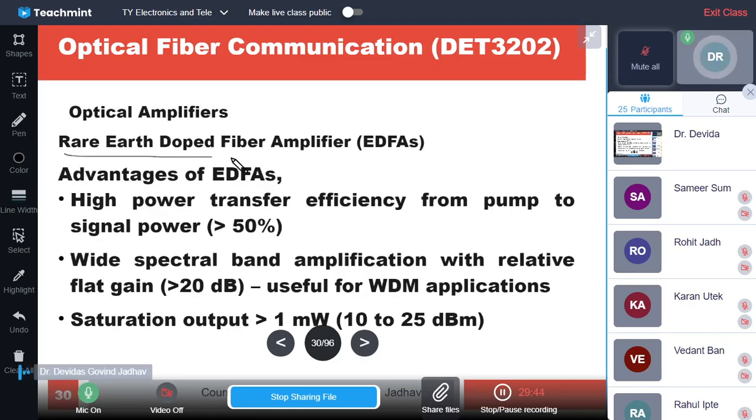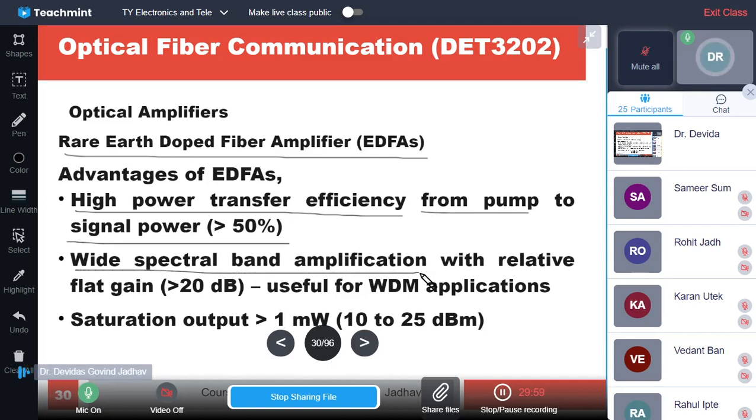So rare earth doped amplifiers, EDFAs, have advantages like high power transfer efficiency from the pump to the signal, more than 50%, and wide spectral band amplification. The bandwidth of amplification is very large, with relatively flat gain of more than 20 dB.